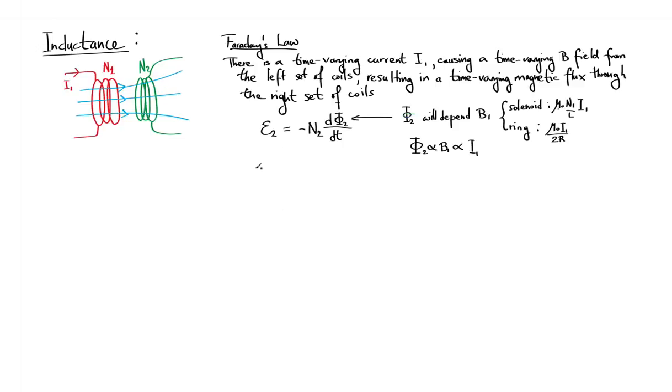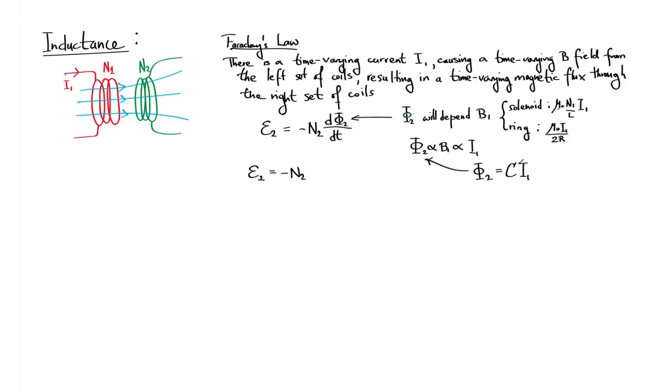So in that case, I can write E sub 2 is equal to minus N sub 2, right? And I know that phi sub 2 is going to be directly proportional to I sub 1. So I'll just say phi sub 2 is equal to some unknown constant times I1.